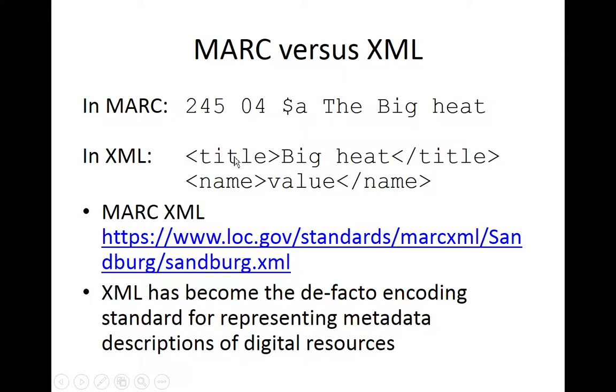So it tells us the data about the data, that this title is The Big Heat, and the name, we wouldn't have a value in there. We would have something like Mark Wolf or maybe the creator of The Big Heat. So again, as I mentioned before, XML has become the de facto encoding technology standard for representing metadata descriptions, but you can do it many different ways. You can use databases, flat files, spreadsheets, as I said before.